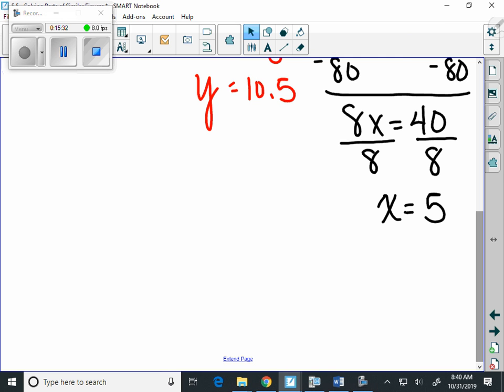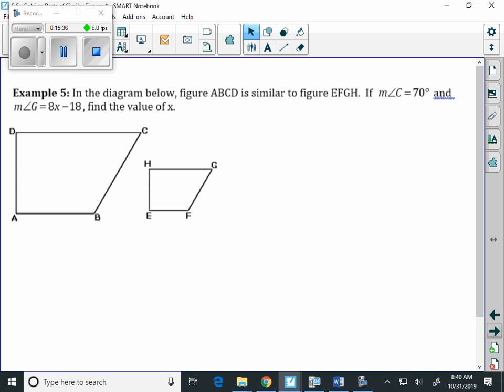But as we get close to finishing on these last two, in the diagram below, figure ABCD is similar to figure EFGH. In this particular problem, measure of angle C is 70, and measure of angle G is 8x minus 18.